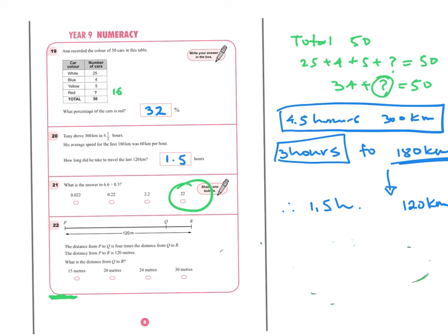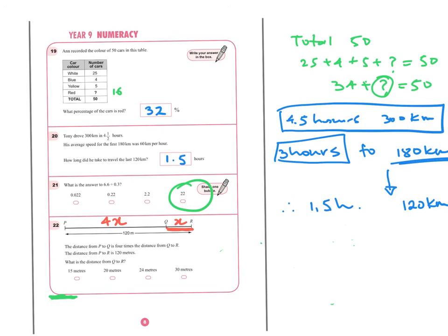That the distance from P to Q is 4 times the distance from Q to R. But we don't know that distance. So we're going to say that Q to R is x, as unknown. And if P to Q is 4 times this distance, then it has to be 4 times that distance, which is x.